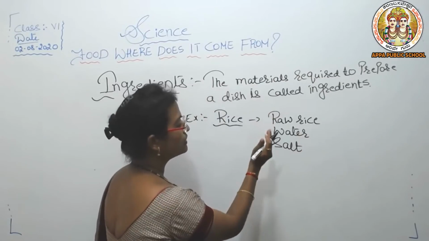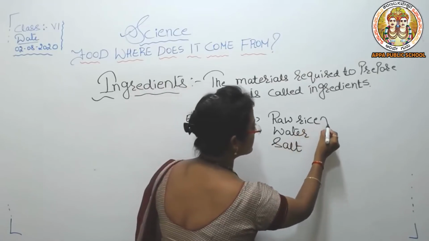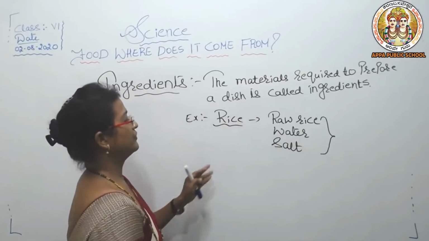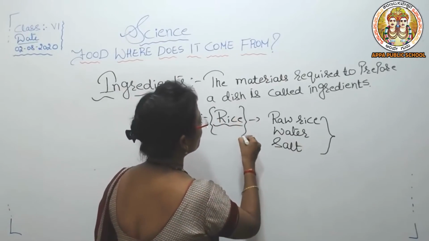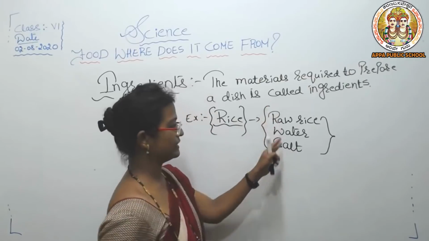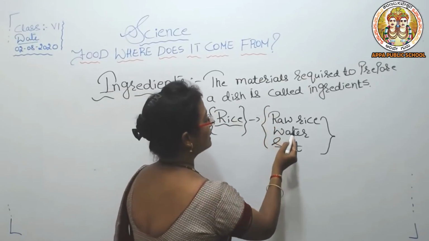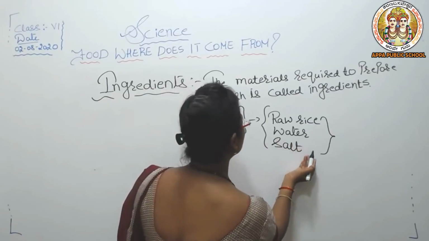We need water and we need salt. So these are the materials which we need to prepare food. Which food? Rice. So what we call for these materials? We call ingredients. So these are the ingredients which we are going to use.